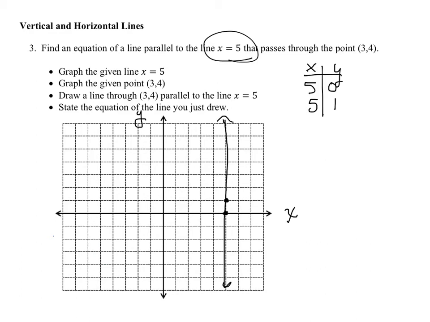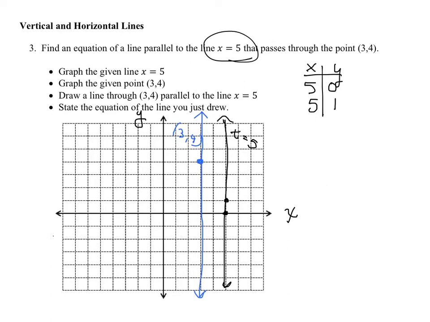Perfect. And then I'm going to graph the given point, 3, 4. There it is. It's 3, 4. And I'm going to draw a line parallel to the line x is equal to 5. Again, this is the line x equals 5. Now I'm going to draw a line parallel to it, and it has to go through the point that I just graphed. There it is.